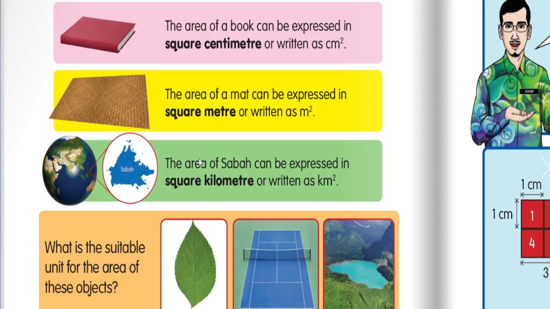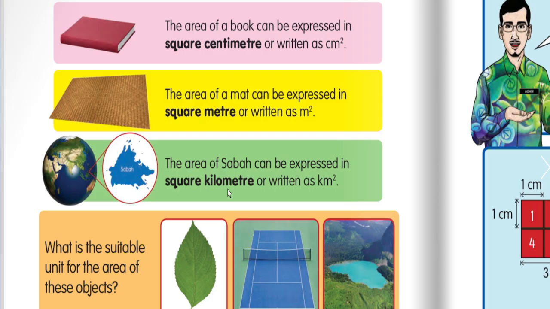This is area, so the unit for area is square millimeters. Next one, 2 meters. Next one, 8 kilometers. You should say square kilometers, because when you say kilometer, that means you're talking about length.